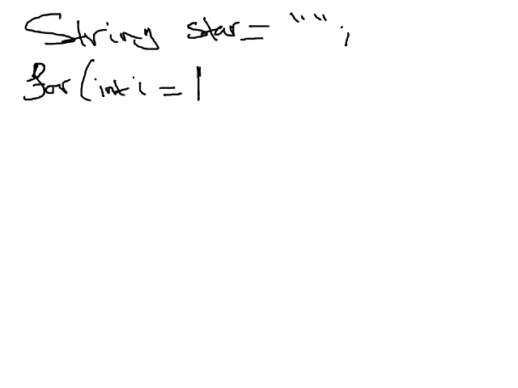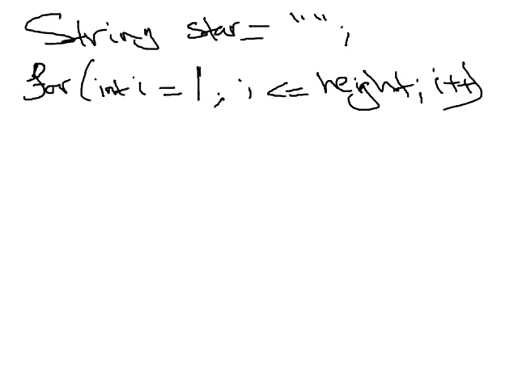So we need to start at 1 to have a star at least to begin with, and this will end at the height. So now we're drawing the height. I++.